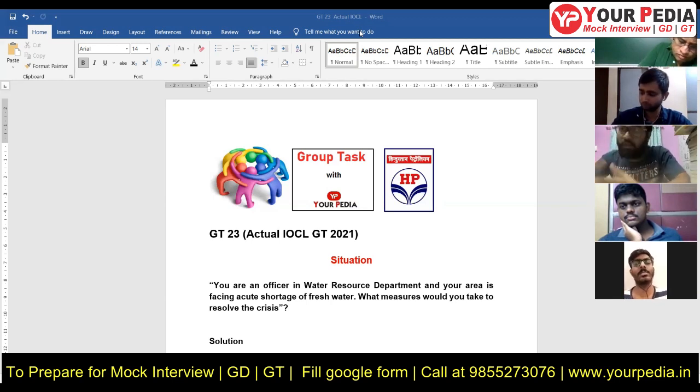Since we all know that water is a very basic amenity, at first we need to see what the basic causes are that are leading to the water shortage. If it is something created by nature, then obviously we do not have to bother about the causes, because that is not in our hands.